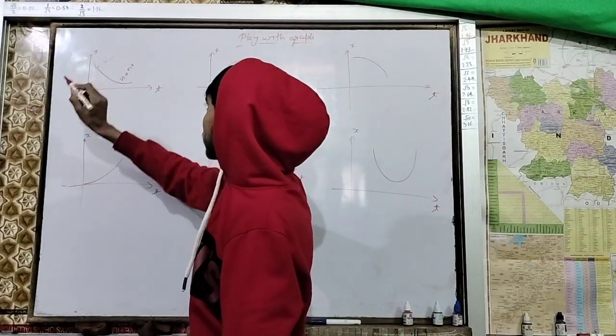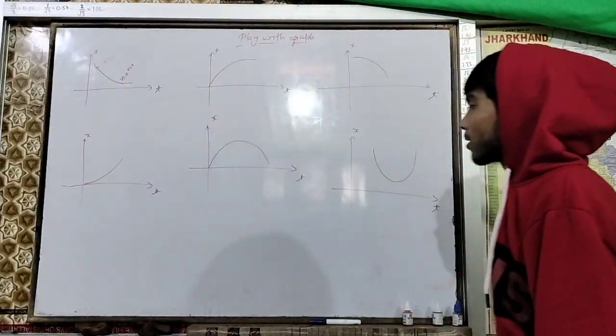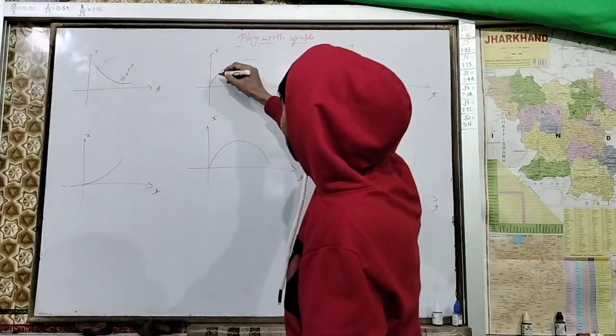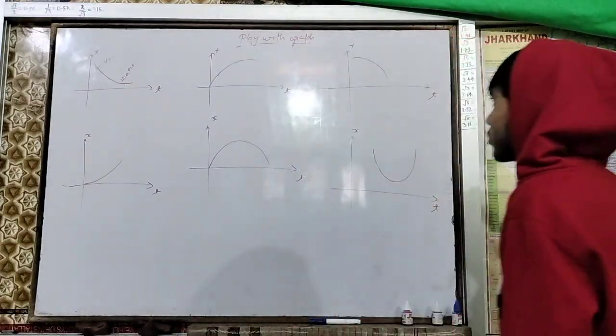Over here, acceleration is positive, but velocity is negative. In this case, this is one point and this is another point.